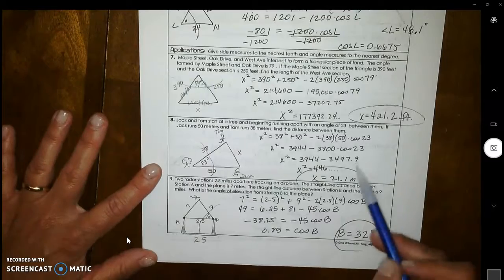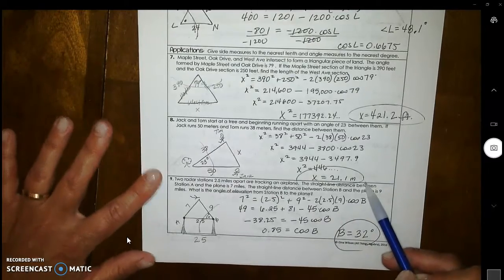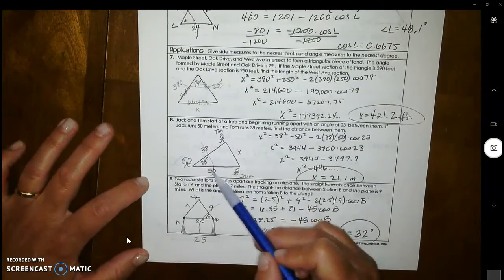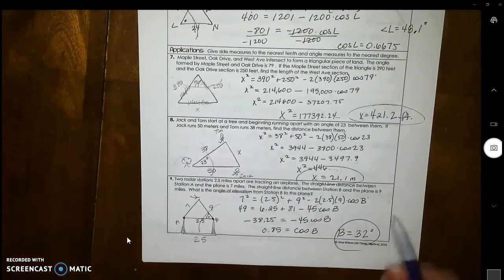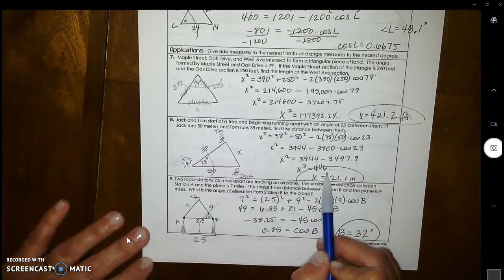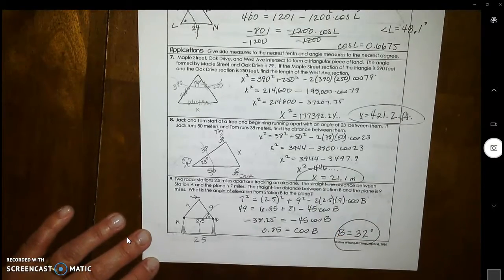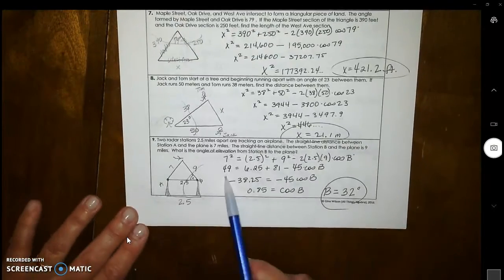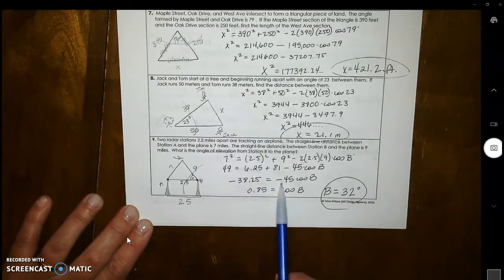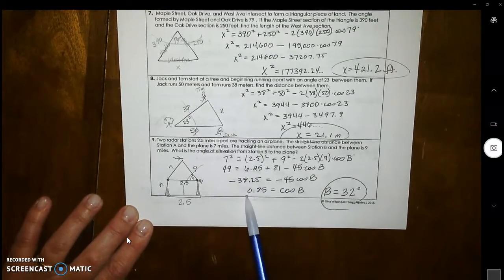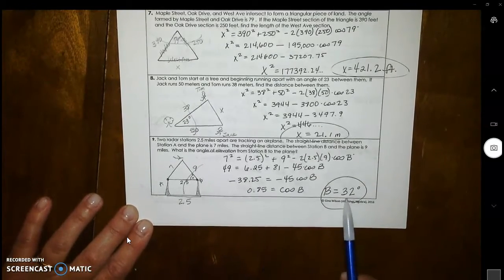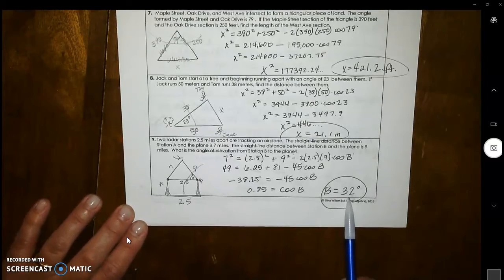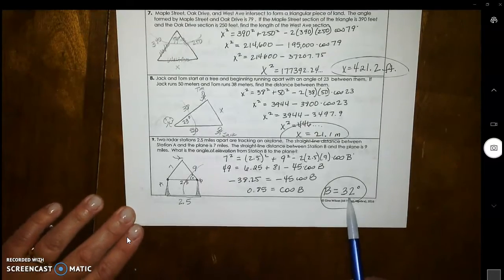Jack and Tim should be about 21.1 meters apart. Again, with these numbers, it should make a little bit of sense. At least I'm not ending with 446. Okay, that's what I mean by that. And then number 9, thankfully, some of my negatives ended up canceling out, and I ended up with a positive, which gave me a 32-degree angle of elevation from station B to the plane.